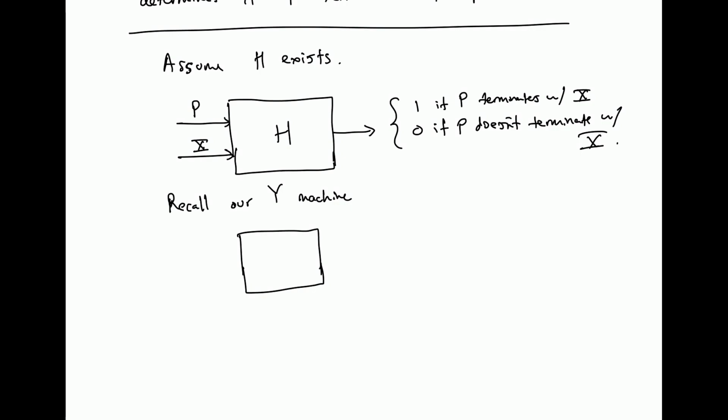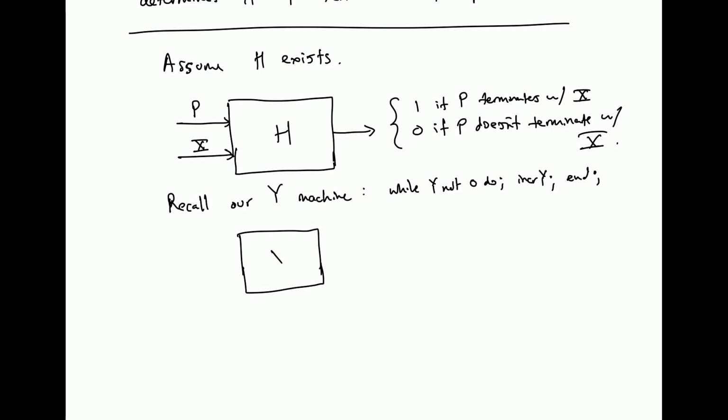Okay. So our Y machine was: while Y not 0 do increment Y end. So if Y is 0, what happens? It terminates, nothing, it's done. If Y is not 0, then it continues.